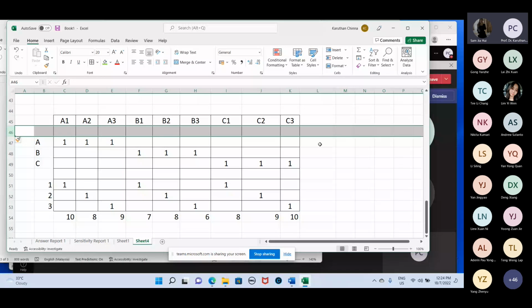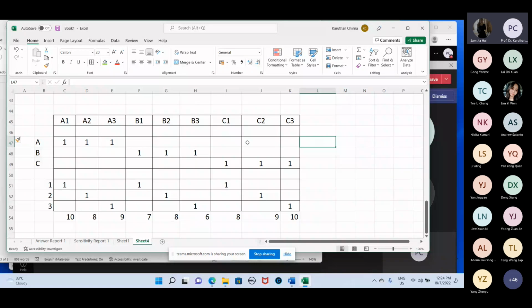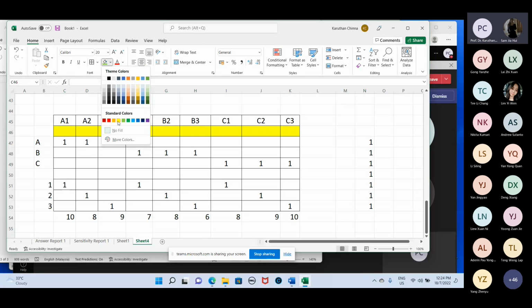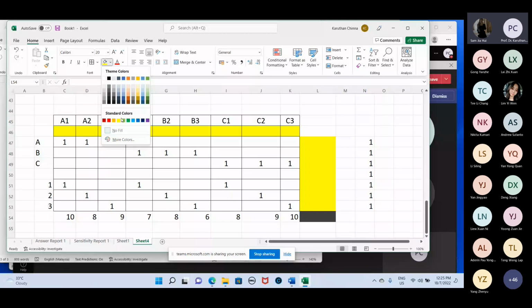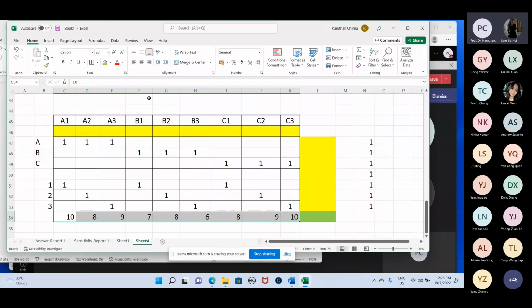So on this side, all be one, just one person. Okay. So do the matrix multiplication.